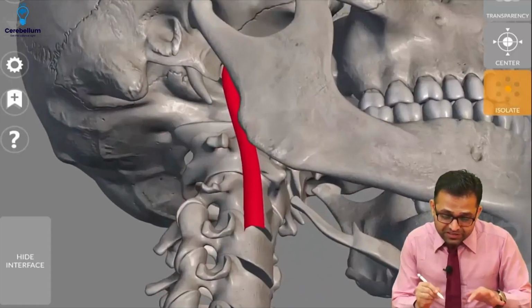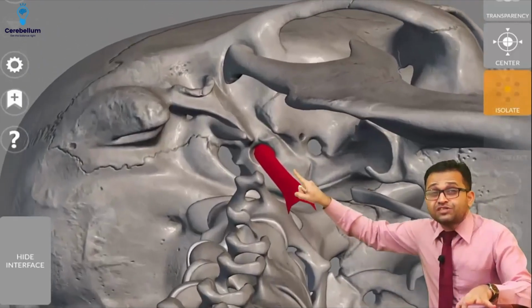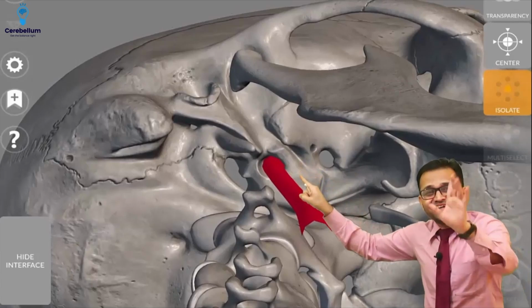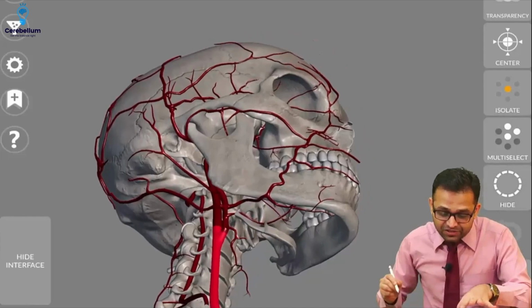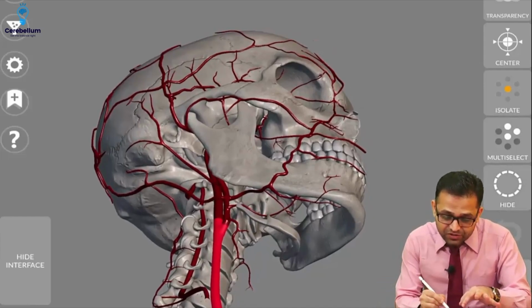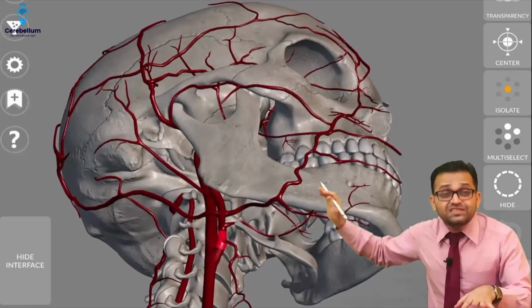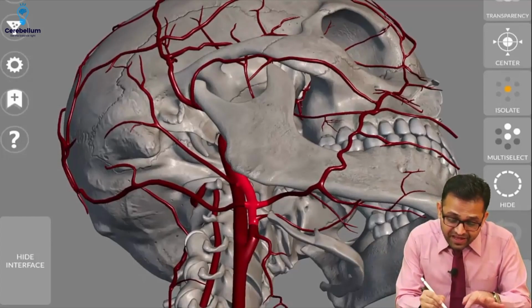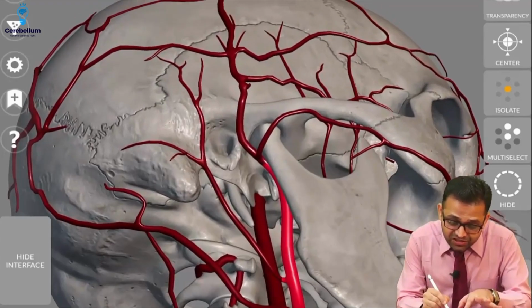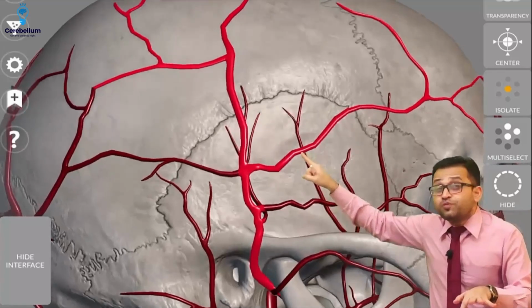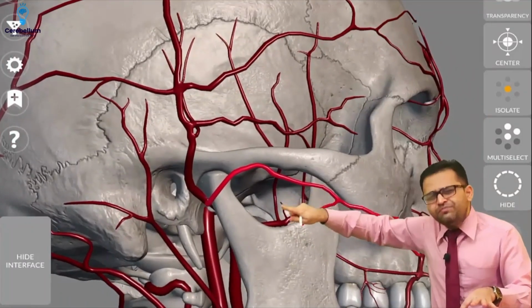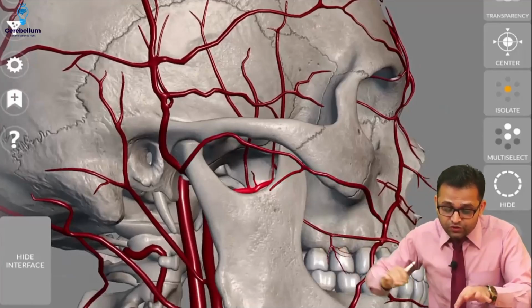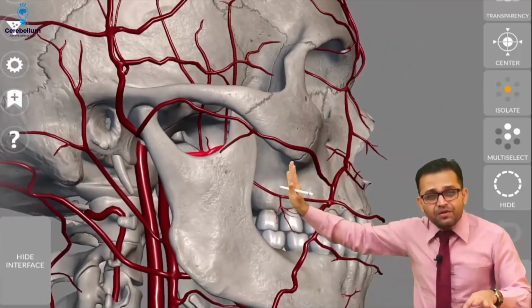It divides into the internal carotid artery, which goes inside the cranial cavity, and another branch, the external carotid artery. It is running externally. It makes the superficial temporal artery, the transverse facial artery, and the maxillary artery, which goes towards the maxilla. We will see that in a separate segment.